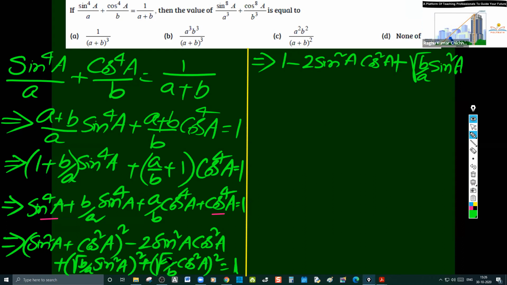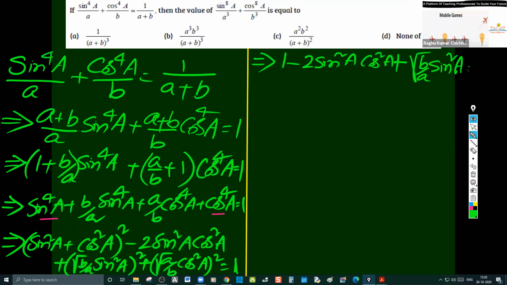What I'm doing, I'm just thinking of it. I don't want to apply A plus B whole square minus 2AB. Here I applied because I want to see this as 1. But even if you write it here as A plus B whole square minus 2AB, there is no use at all. That will not become 1. So what I'm trying to do, I want to write it as A minus B whole square plus 2AB. Just I'll write, and if you get any doubt, ask me please.